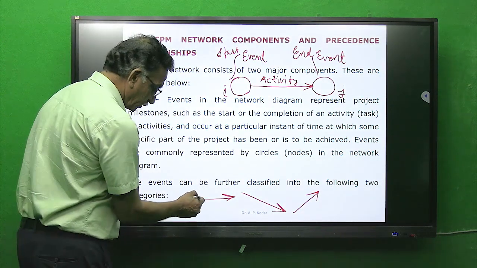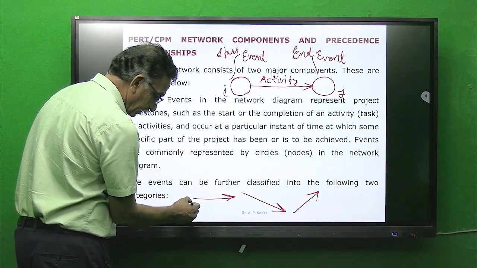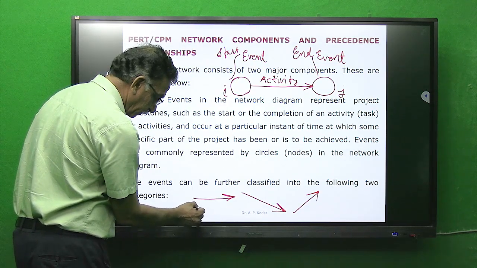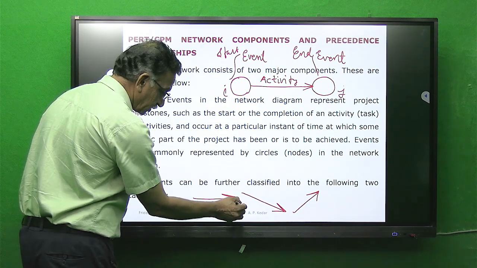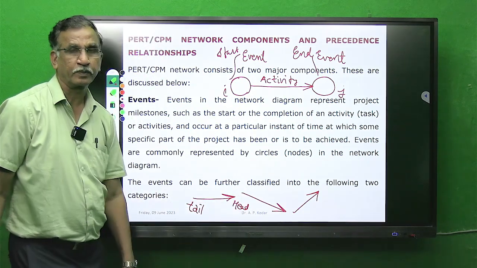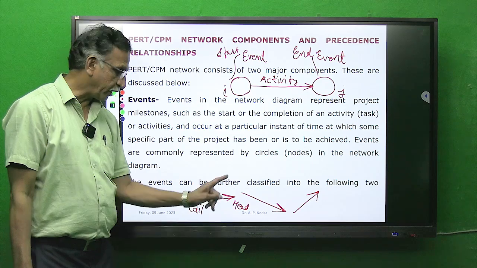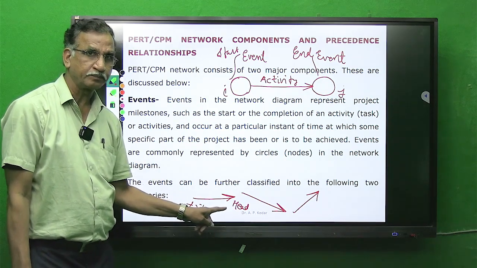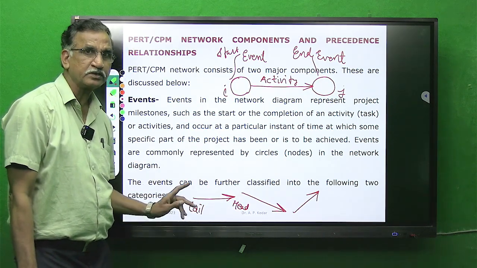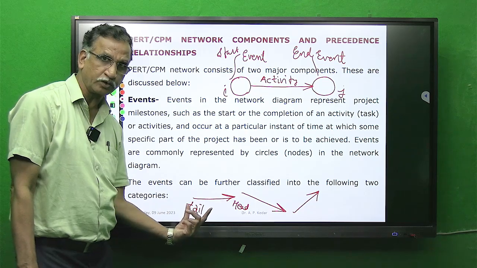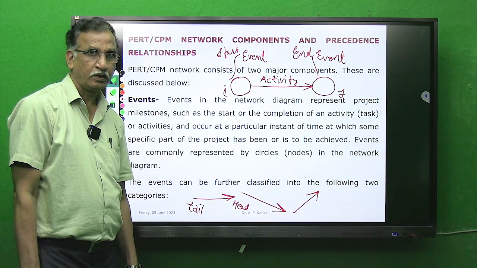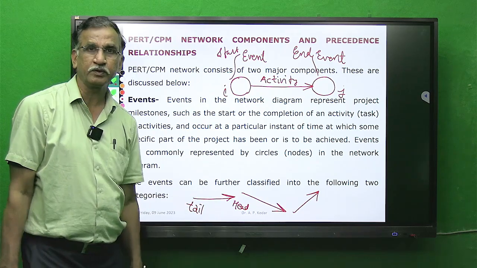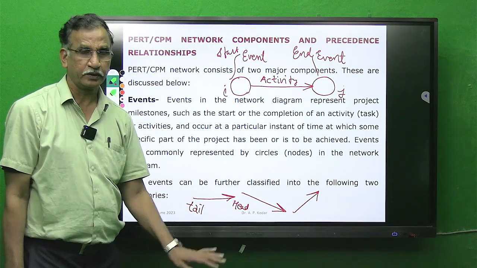Now this activity here, this portion is referred to as the tail and this is referred to as the head. So the arrow is towards the head side, the reverse side is the tail. So an activity has two ends, tail and head. Head is always associated with the arrowhead.